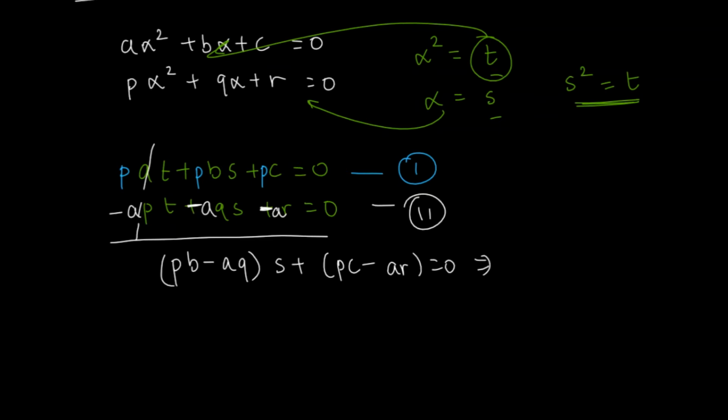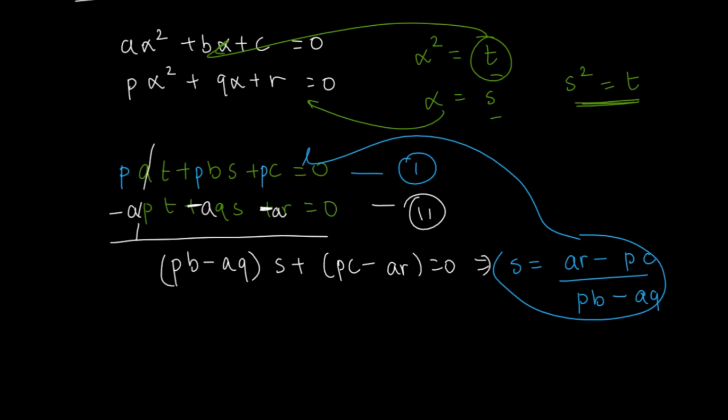This simply gives you that s is equal to (ar minus pc) divided by (pb minus aq). And once you have done this, you would just put this back in, and then you would get your value of t. The math is a bit messy, and that's why the books usually ignore this method.